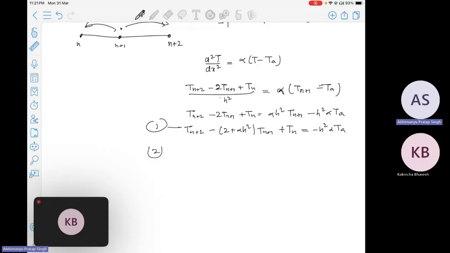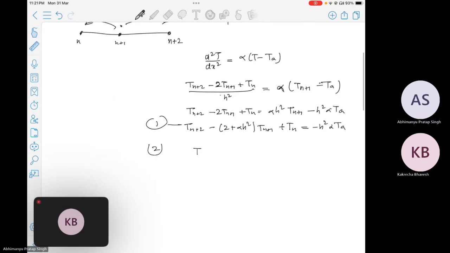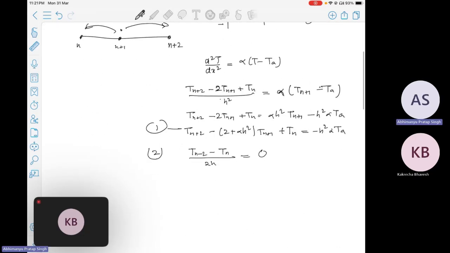So I write that: we need to write the central difference formula (Tn plus 2 minus Tn) divided by 2h is equal to 0.